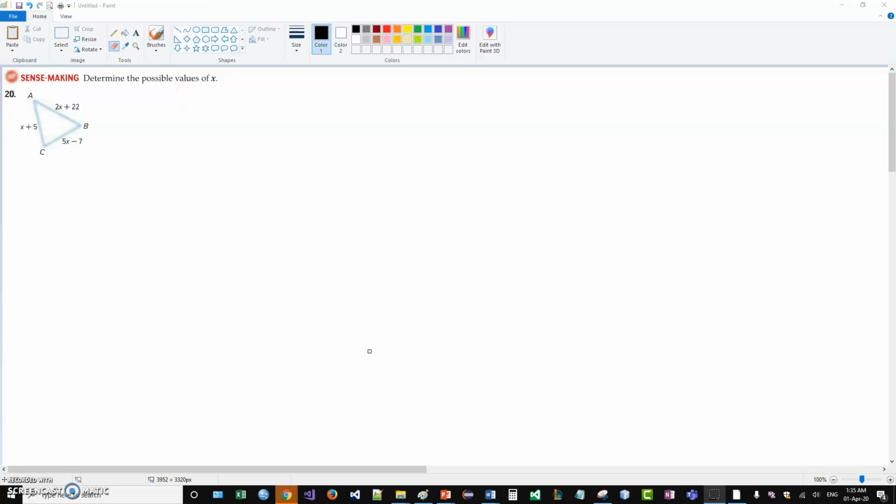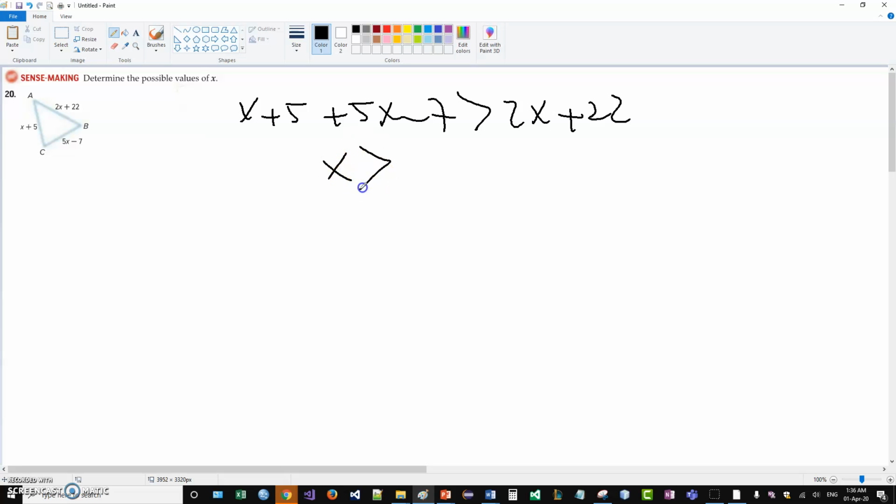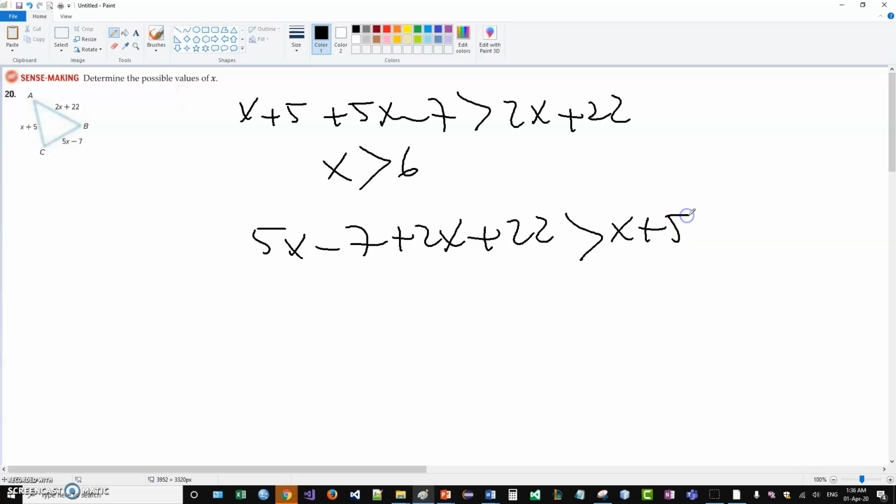For our last exercise, we want to determine the possible values of x. We don't have much time, so x plus 5 plus 5x minus 7 greater than 2x plus 22. If we simplify that, that gives us x greater than 6. Then 5x minus 7 plus 2x plus 22 greater than x plus 5. Simplify that, and we get x greater than minus 10 over 6.